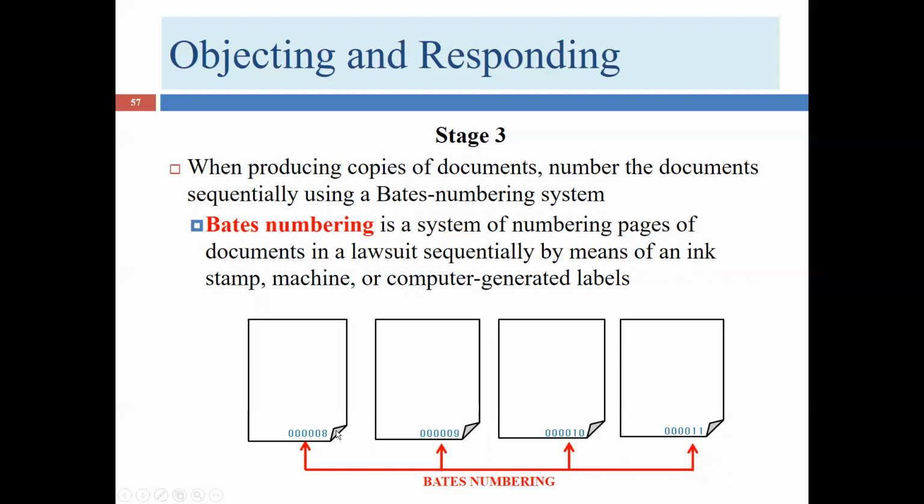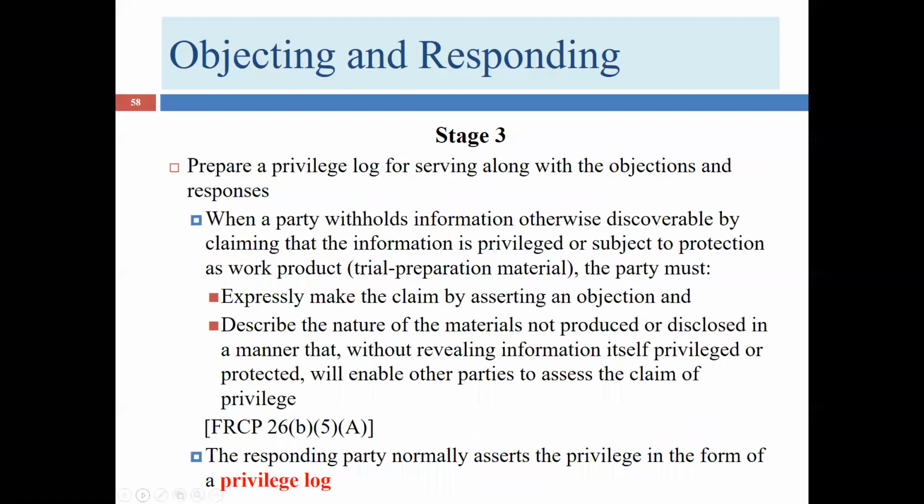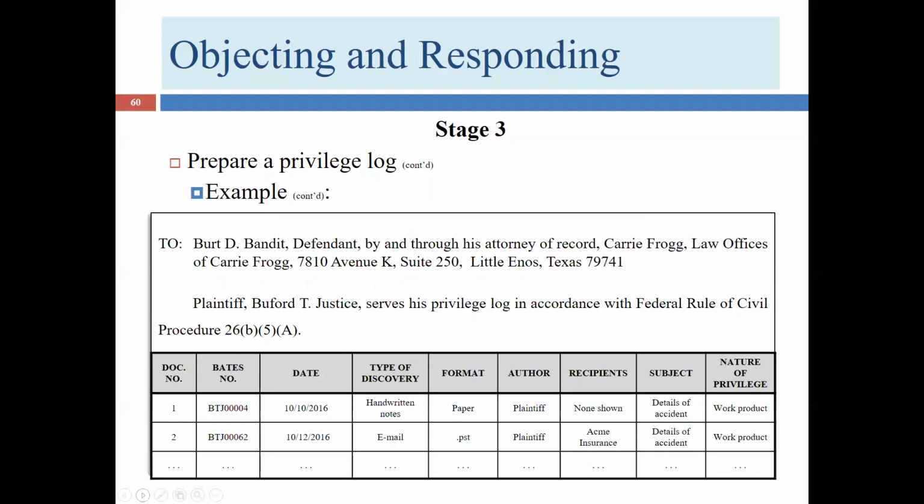Well, this is a way of making sure that you get all of the sheets of paper. So if you just advance here. Here we go. So let's say you decide that this page 4 is privileged. Well, the other side is going to get BTJ00003 and BTJ00005, but they're not going to get this page.